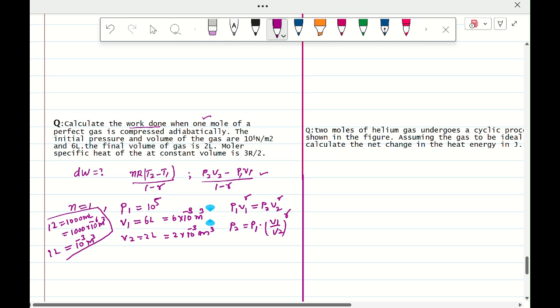To find gamma, the specific heat at constant volume is given as 3R by 2, which indicates a monoatomic gas. So gamma is 5 by 3. Then P2 is 10 power 5 into 3 power 5 by 3, which will be 6.26.